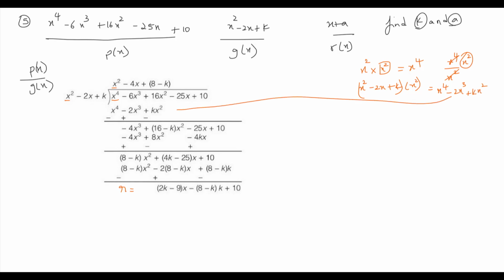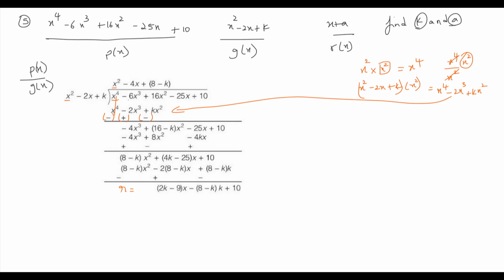That should be placed over here. After that, the signs should be changed, that is plus to minus, minus to plus, and plus to minus. Then x power 4 gets cancelled. Minus 6x cube plus 2x cube will give us minus 4x cube.